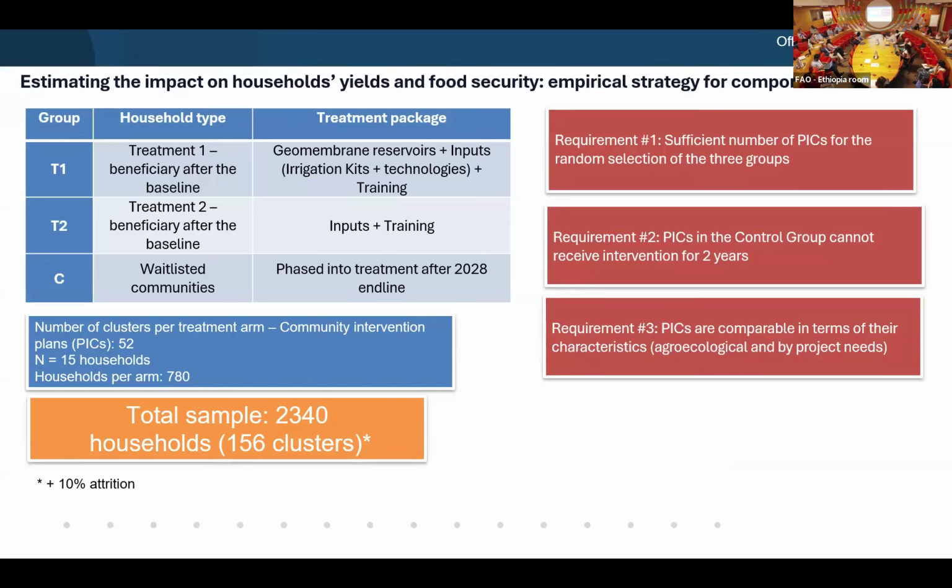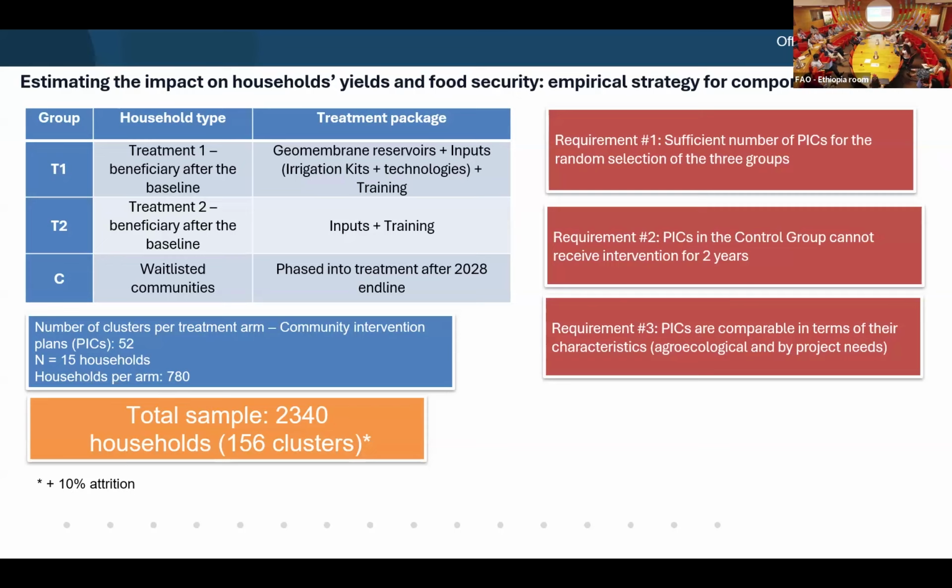And then all these PICS, all these clusters need to be comparable in their agroecological characteristics, and the project needs that have been expressed, manifested by the community themselves. So for instance, not in all communities we have water reservoirs, okay? So comparing communities in T1 and T2, if there is no water reservoir, is probably not the ideal case.